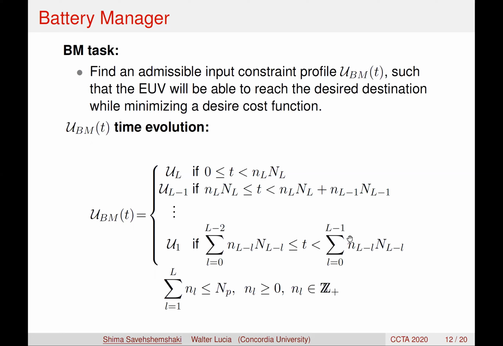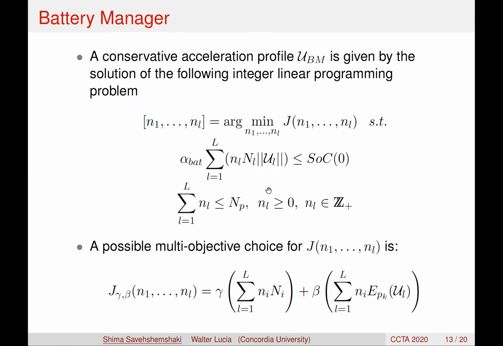This equation shows the time and the number of waypoints, this N_L, in which the input constraint set level L is active. To find this N_L and then find the conservative acceleration profile U_BM(t), we should find the solution for the following linear programming problem.